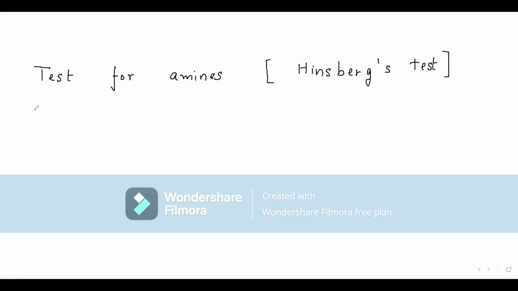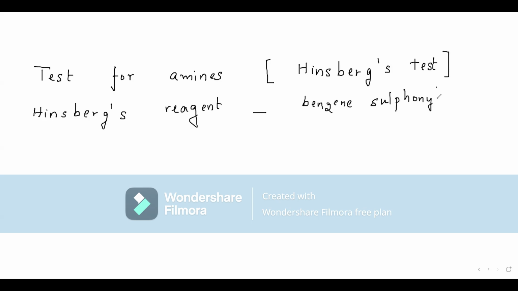So first of all, let us understand what is the reagent that is used here. The reagent used is called Hinsberg's reagent. It is benzene sulfonyl chloride.